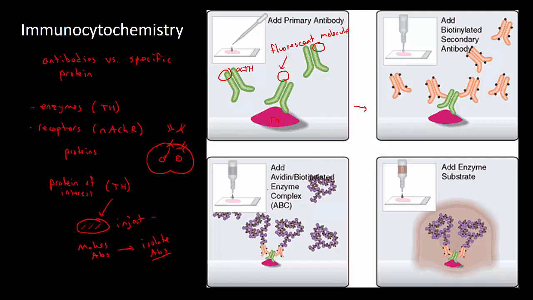We then take this ABC, this avidin biotin enzyme complex that sticks to that second antibody. I then add substrate, and there's a chemical reaction that occurs. When that chemical reaction occurs, I get a brown spot. So wherever there's a brown spot, there's this enzyme complex.